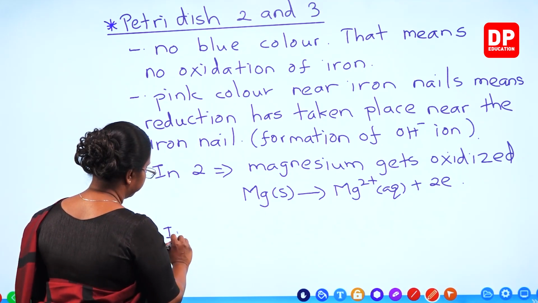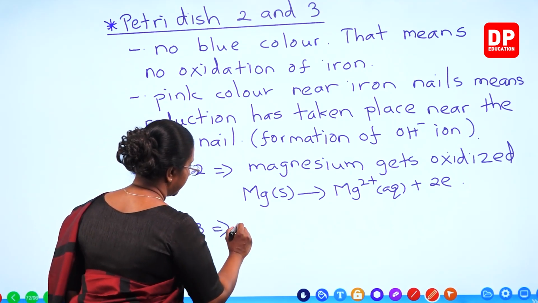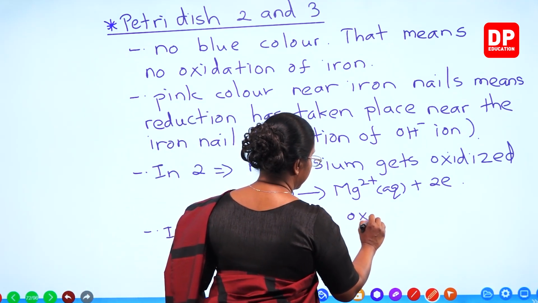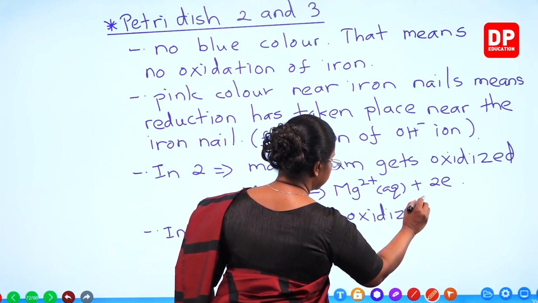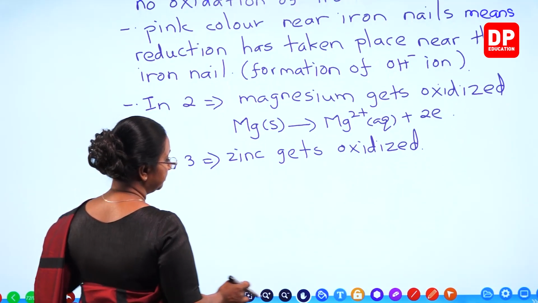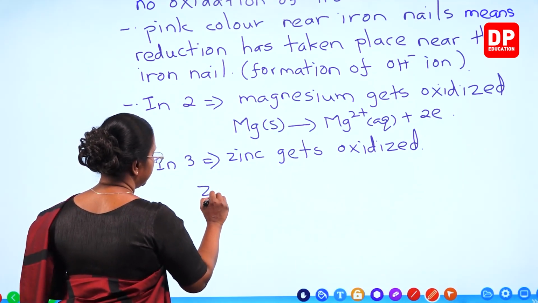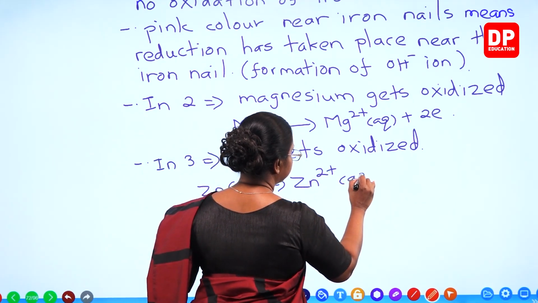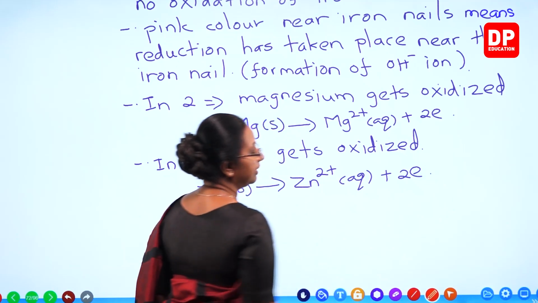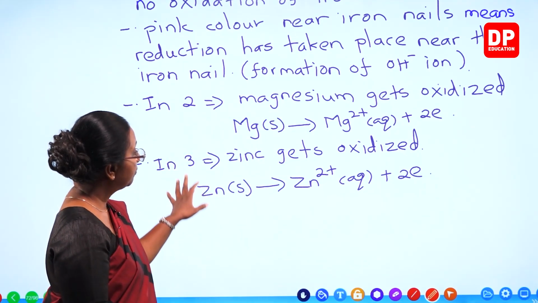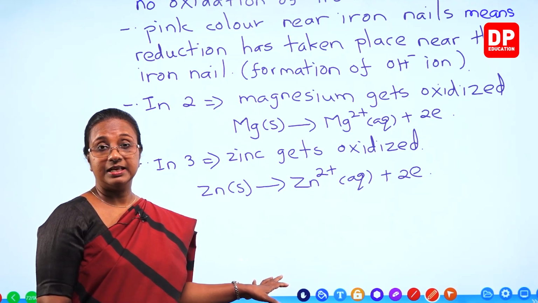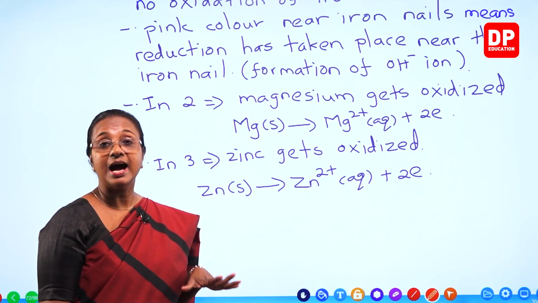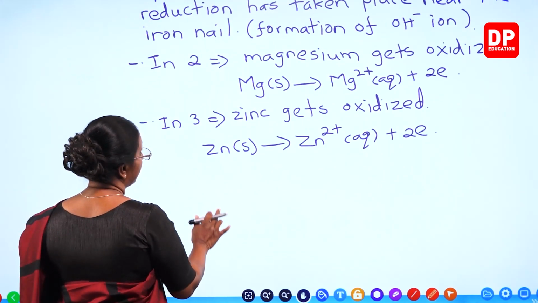And in 3, zinc gets oxidized. How does that happen? Zinc solid becomes Zn2+, losing electrons. Why does that occur like that? Because both magnesium and zinc are more reactive than iron. So that is the important thing.